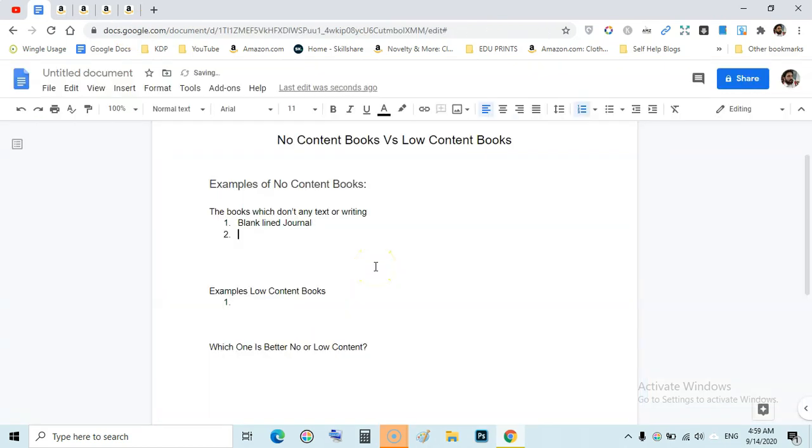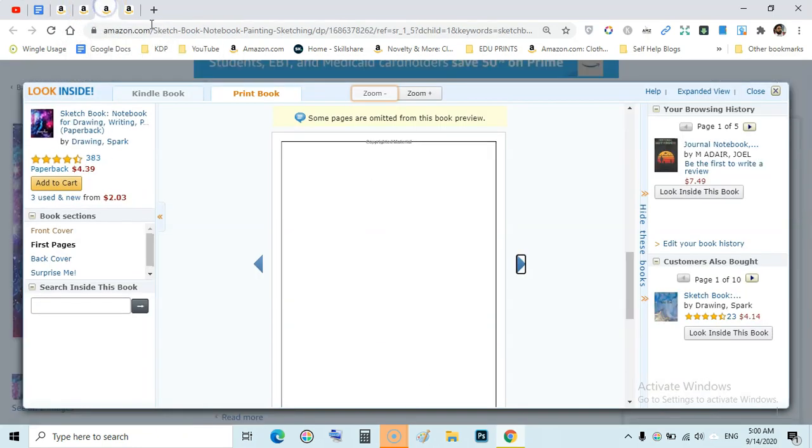Number 2 is sketchbooks. Sketchbooks are drawing pad notebooks. So these are another example of no content books. Have a look, this is the sketchbook.